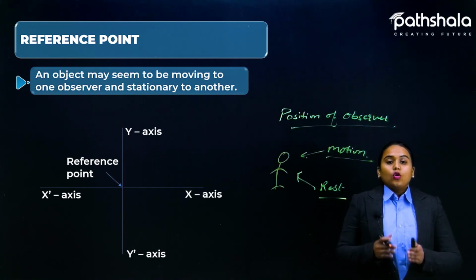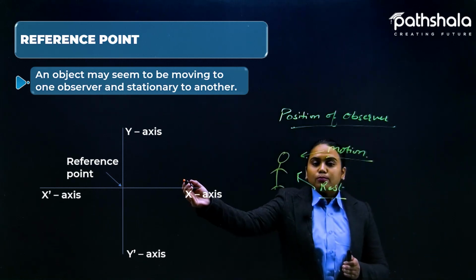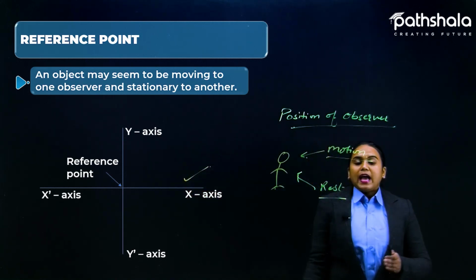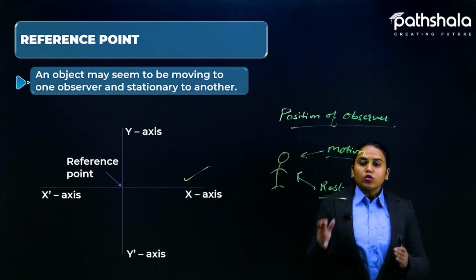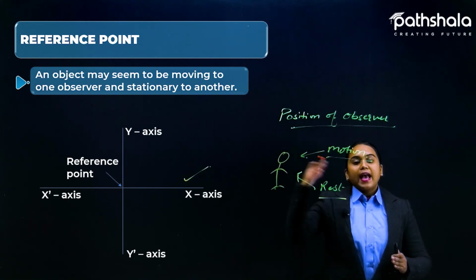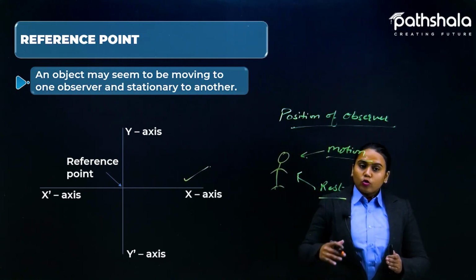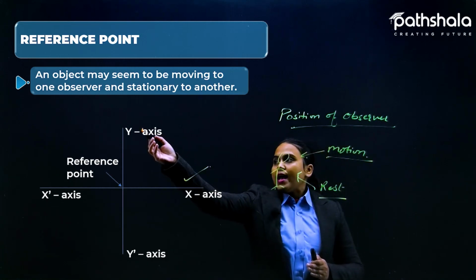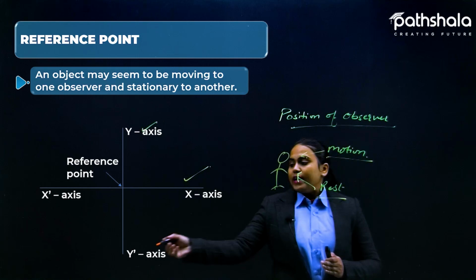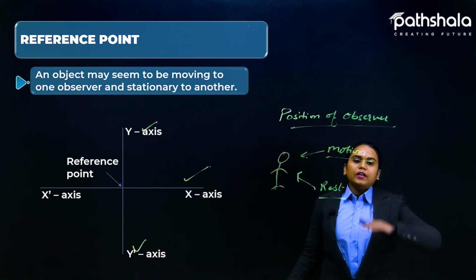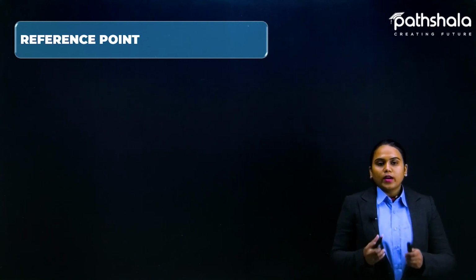Whosoever is standing at the x-axis position will be on the right hand side of the observer, and whosoever is standing at the x dash position will be on the left hand side. In a similar way, y-axis will be considered as the above and y dash will be considered as the below direction.